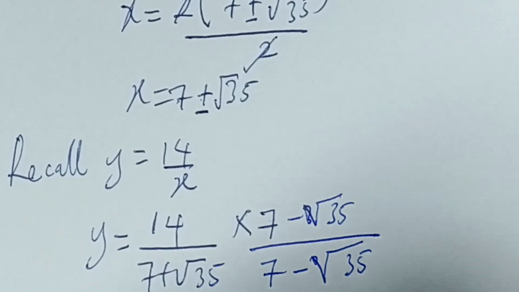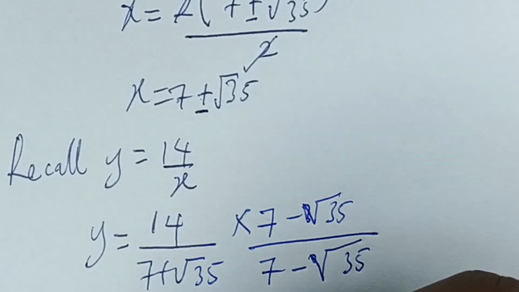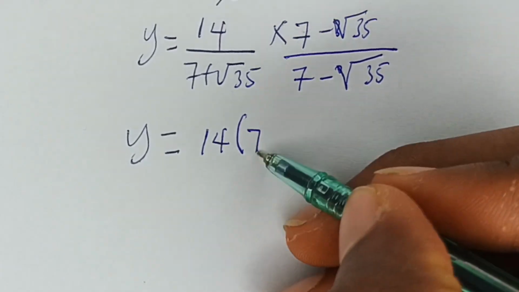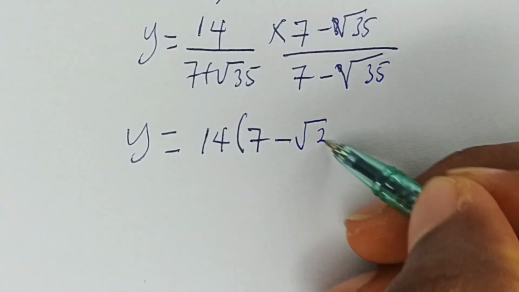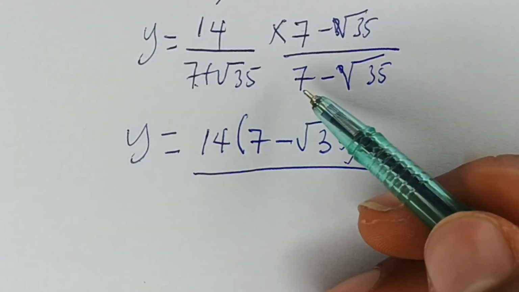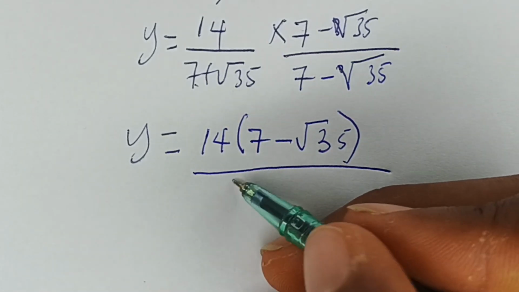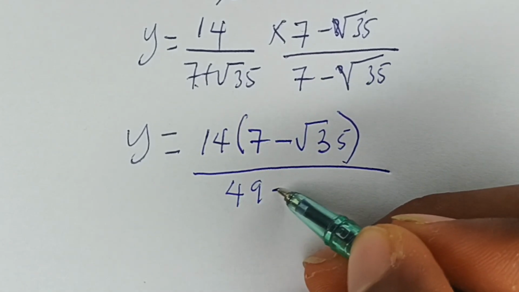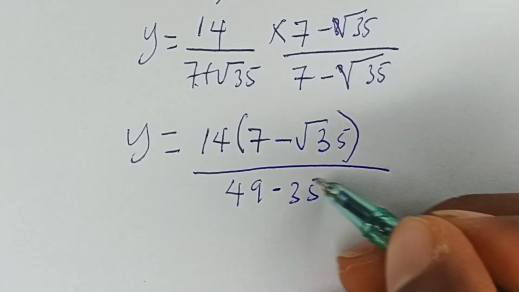Now y becomes equal to 14 into 7 minus root 35 over 7 squared, which is 49, minus root 35 squared, which is 35.